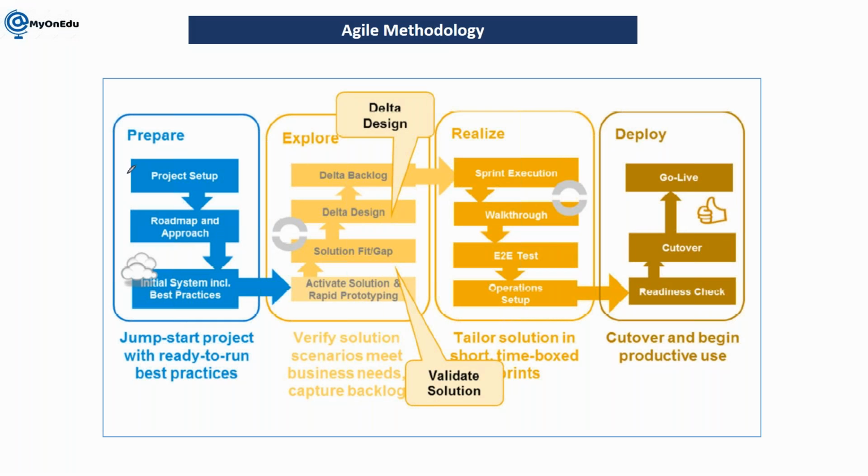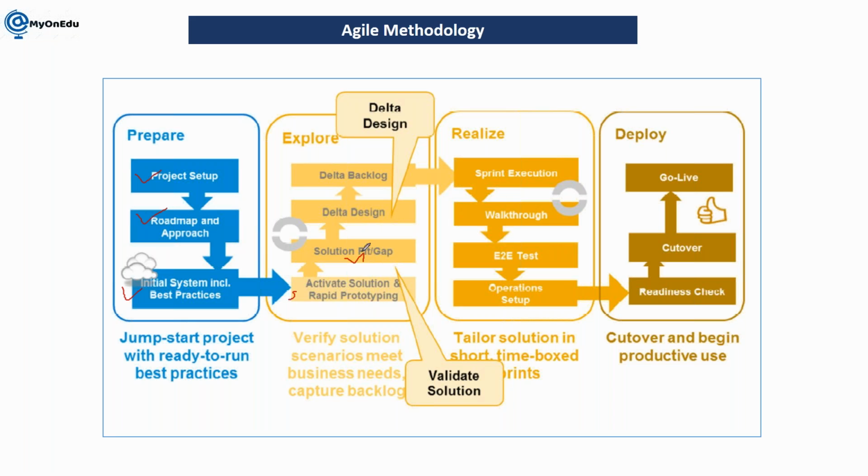What do you do in the prepare phase? Project setup, roadmap and approach, initial system, inclusion of best practices. You are just checking the best practices given by SAP. Then activate solution and rapid prototyping, so here you are in the explore phase. You are creating prototypes and showing them to the business, and then you check the solution fit gap.